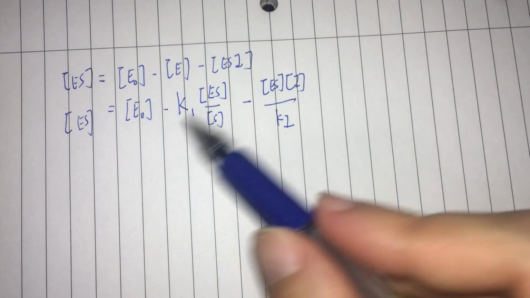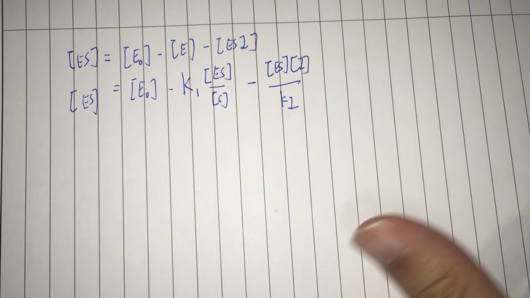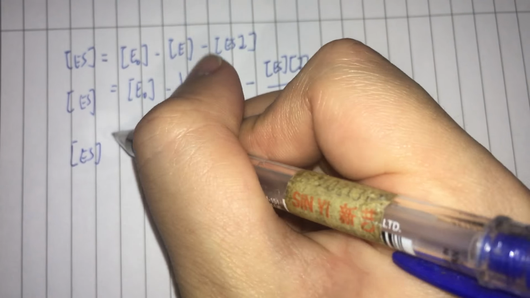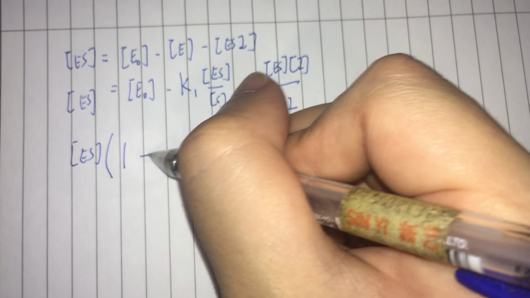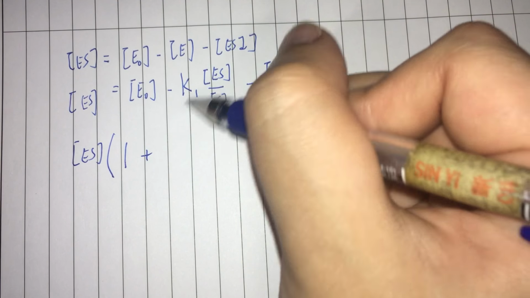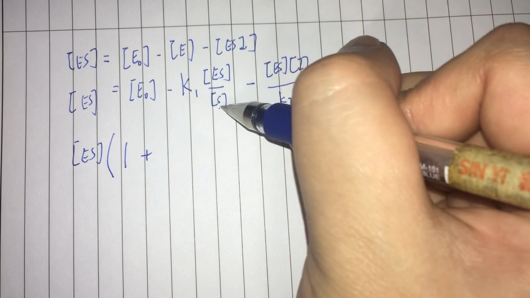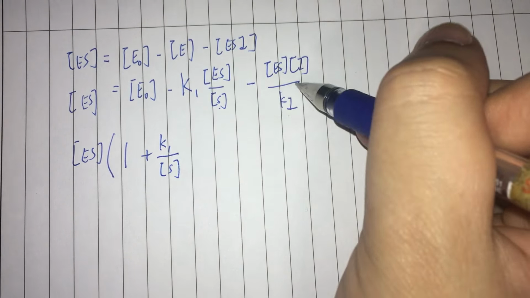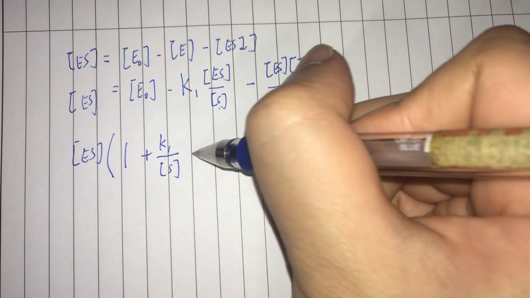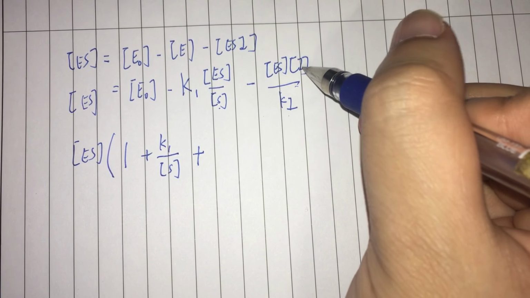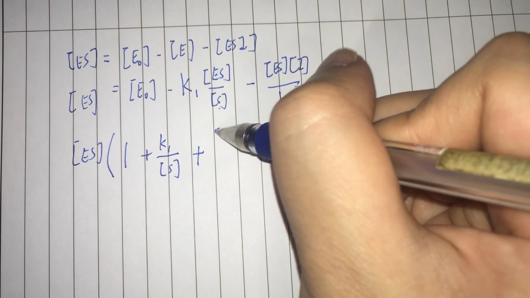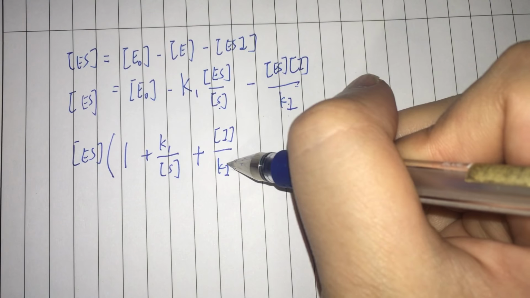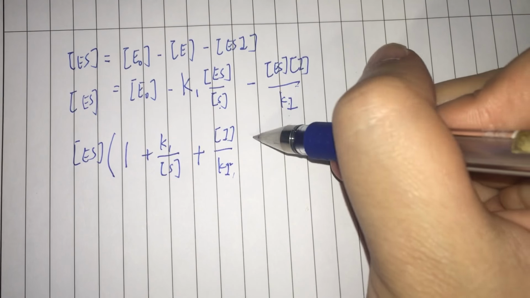Now let's bring these two terms over so we can start factorizing ES out. So ES, we have 1 plus, this one you bring over, it becomes a plus, big K1 over S. This one you bring over, it also becomes a plus, then you have I over Ki, so the inhibitor concentration over the uncompetitive inhibitor constant.